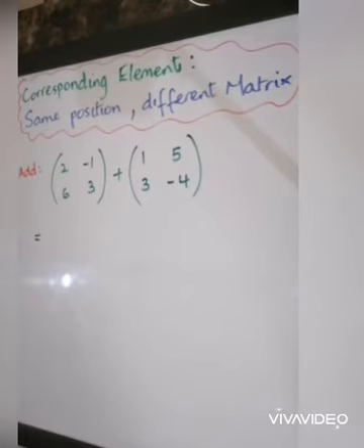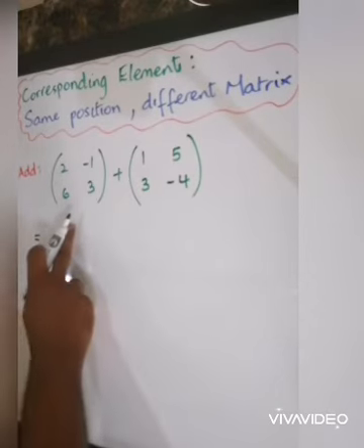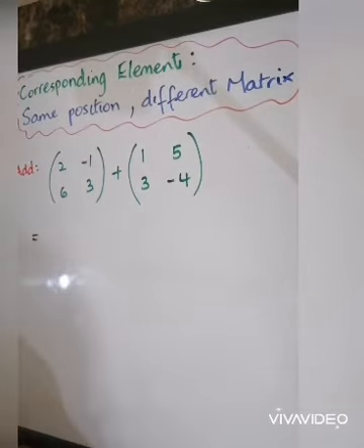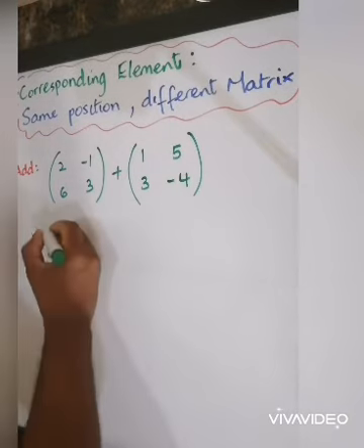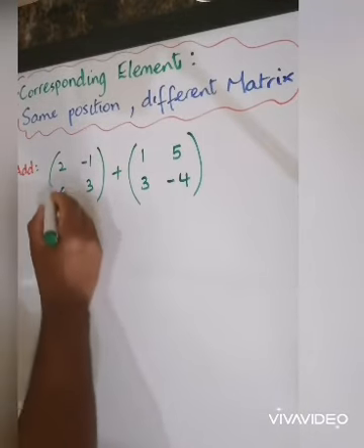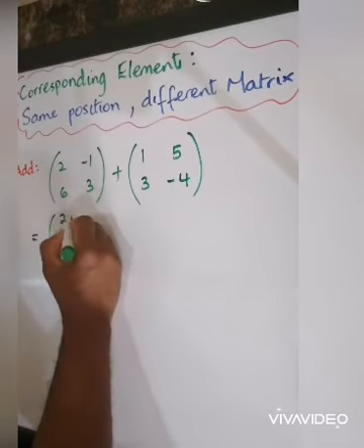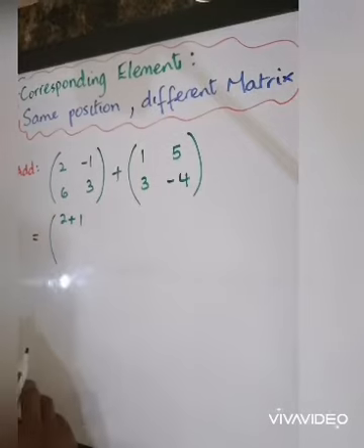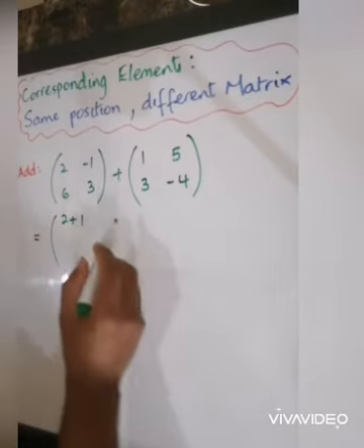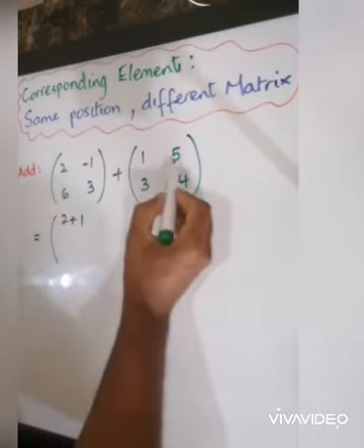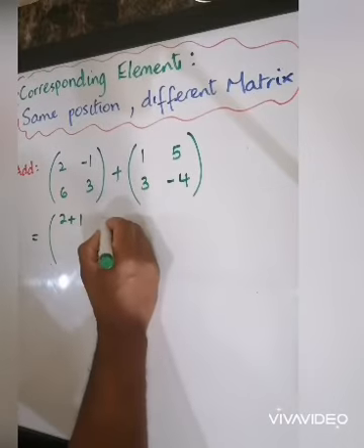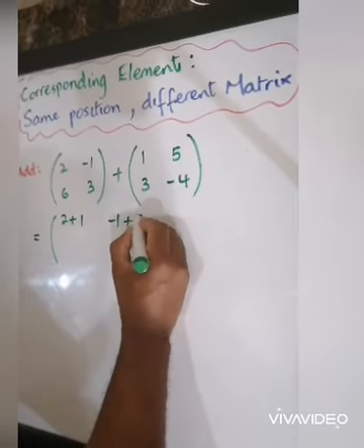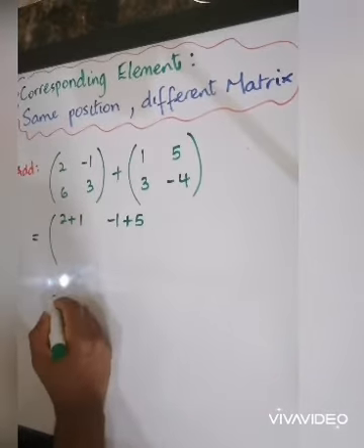So let's add. We can clearly see that these two matrices have the same order. They are both 2 by 2. And we are now going to add corresponding elements. So 2 is added to 1 because they correspond. Same position, different matrix. -1 corresponds with 5. 6 corresponds with 3.